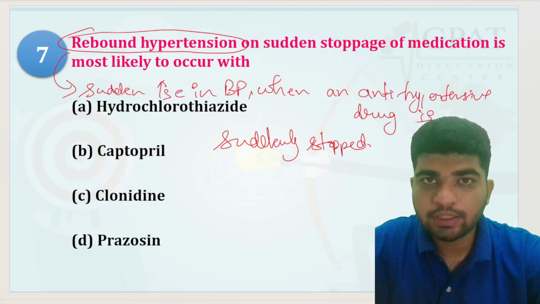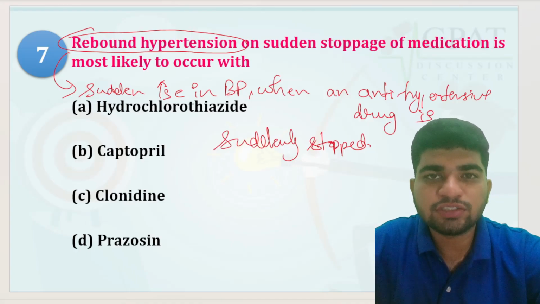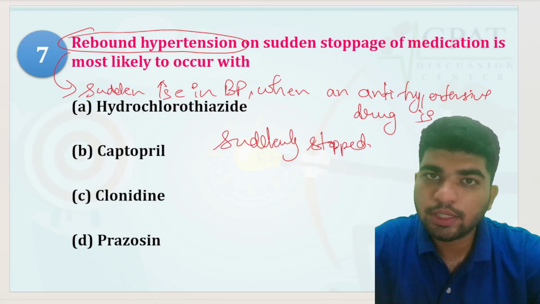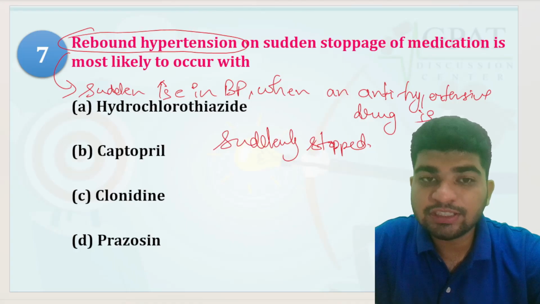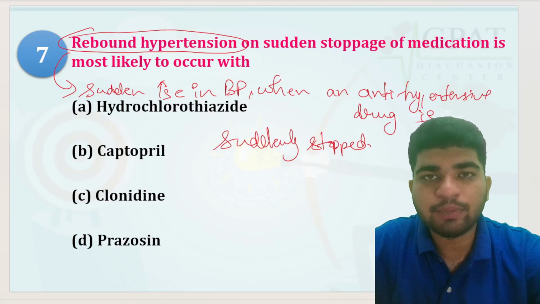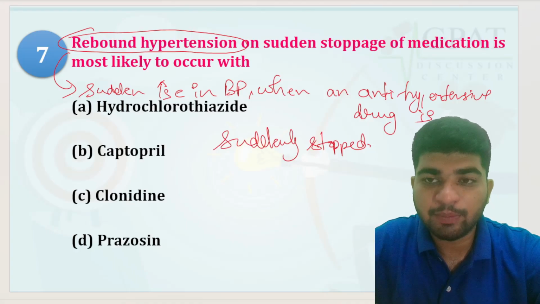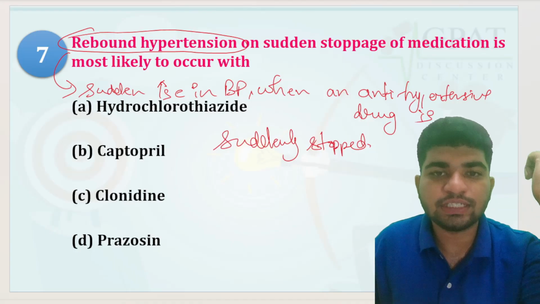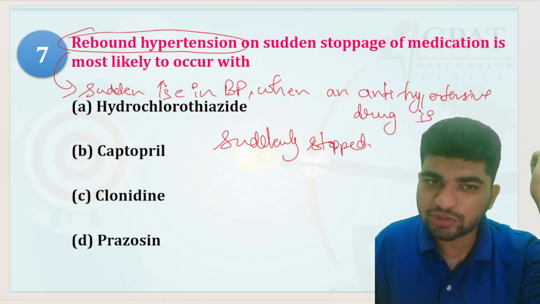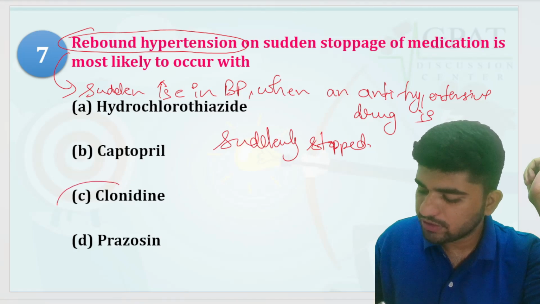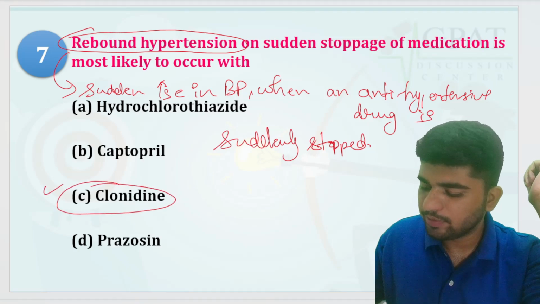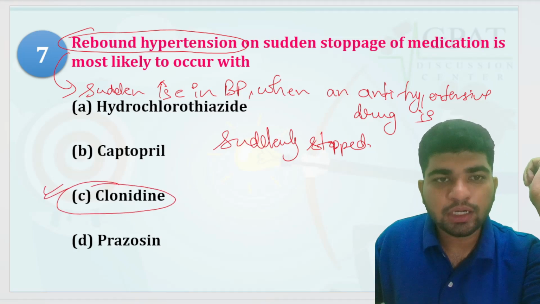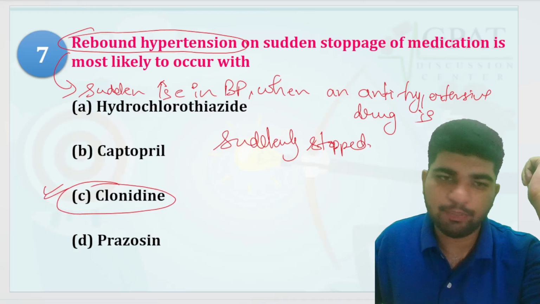There is a sudden shoot in your blood pressure. This is known as rebound hypertension. Which of these drugs causes rebound hypertension? Clonidine is most likely to cause rebound hypertension.